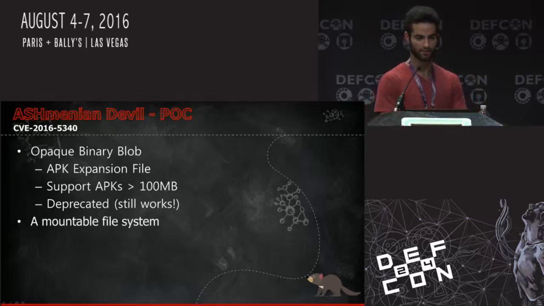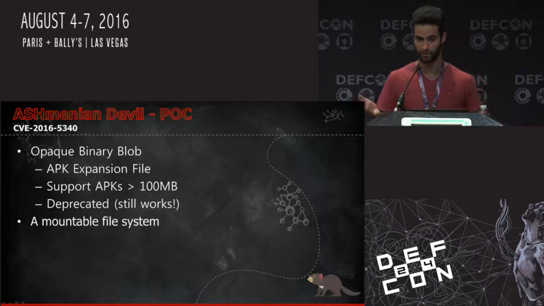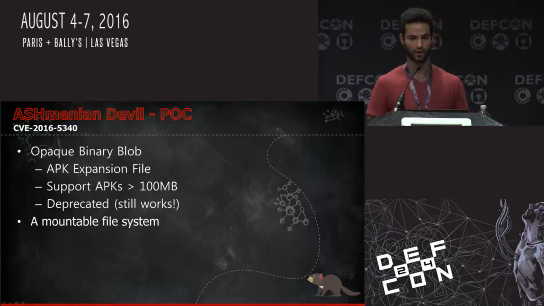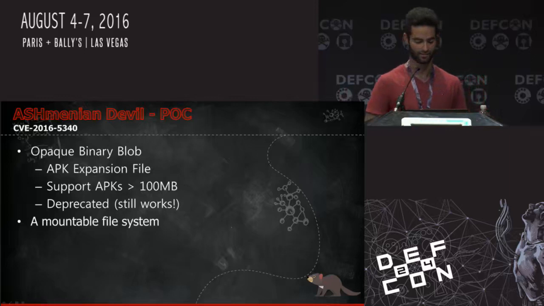So OBB is basically a file system that any app can download and mount. Let's take Angry Birds, for example, as a game. The first time we launch Angry Birds, it downloads externally all the pictures and the sounds. And then it downloads an OBB file and mounts it. So any developer can create an OBB file, put there any file he wants, externally download it, and then just mount it on a device.